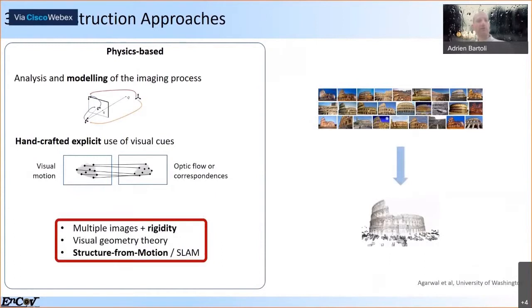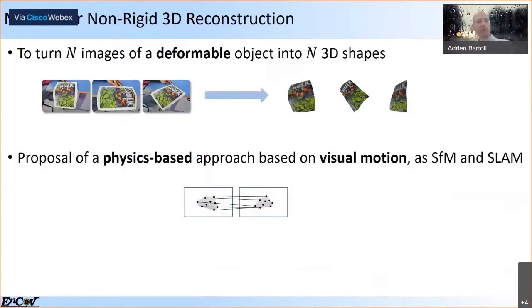This is the structure-from-motion approach, where if we can take multiple images of a rigid structure, something that doesn't change through time, we then have access to a whole theory, the theory of visual geometry, and its computational implementation, which is structure from motion and SLAM to some extent, visual SLAM, and which is a very mature technology nowadays. You can see an example from the literature on the right side of the screen.